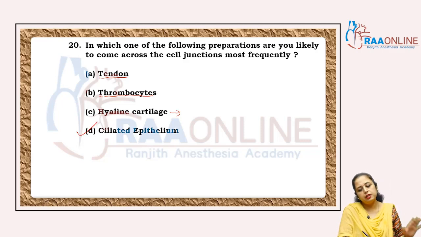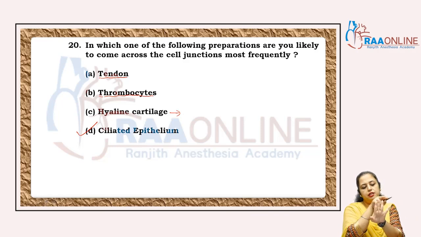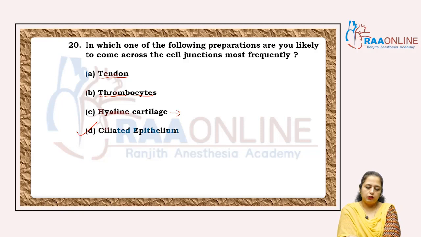In the ciliated epithelium, cilia trap the particles and finally transfer that particular substance to its destination, right? That's why the ciliated epithelium is the preparation in which you are likely to come across these cell junctions most frequently, right? So the answer is D.